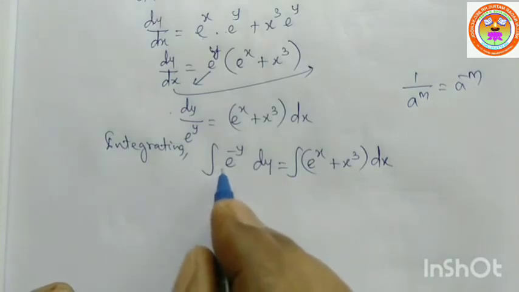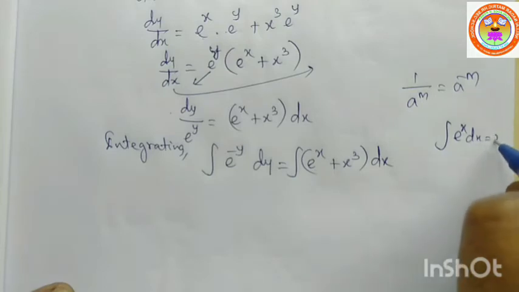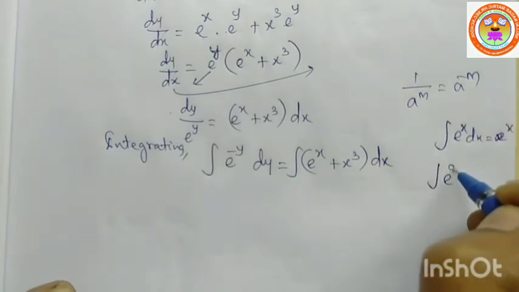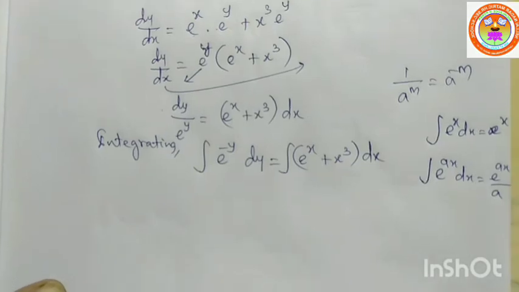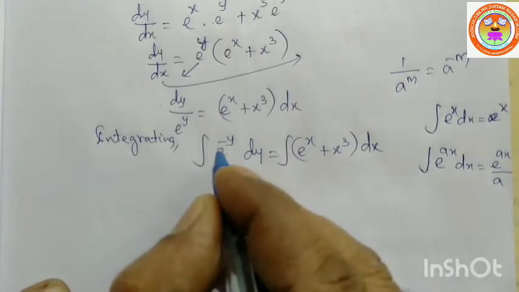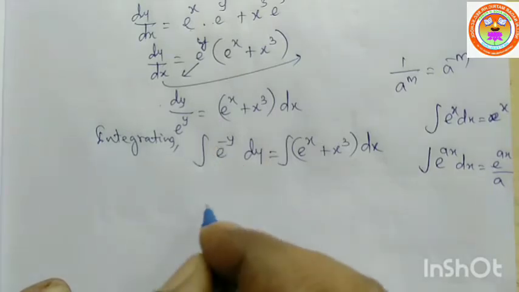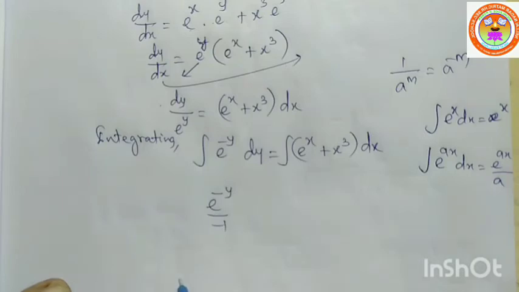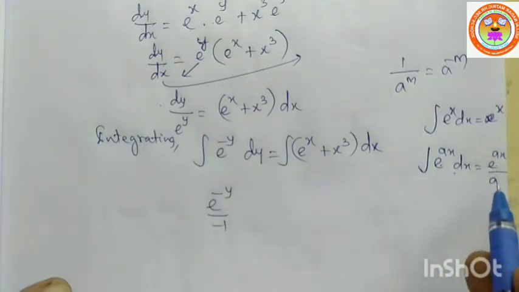Integral of e power x into dx is equal to e power x. But integral of e power ax into dx is e power ax by a.